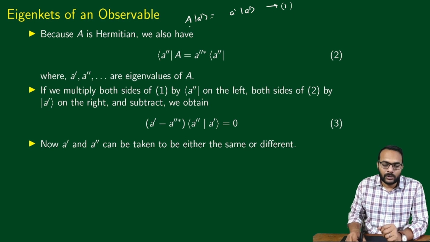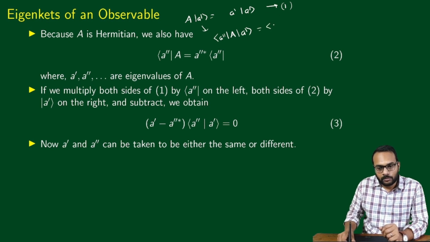Alright. Now what we do is we take equation 1 and push a bra A double prime from the left. We are just multiplying by bra A double prime from the left. So this left hand side becomes bra A double prime A ket A prime, which is equal to bra A double prime A prime ket A prime.